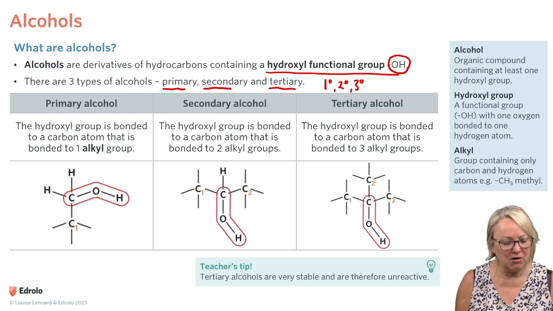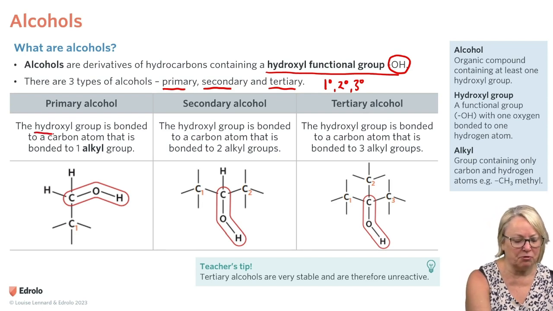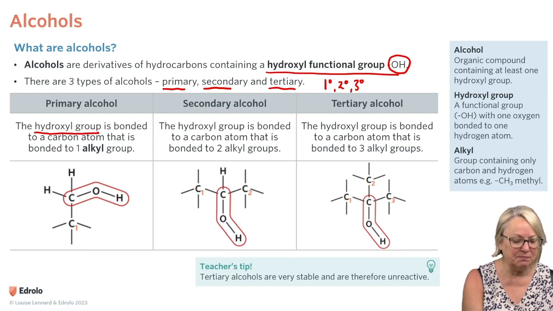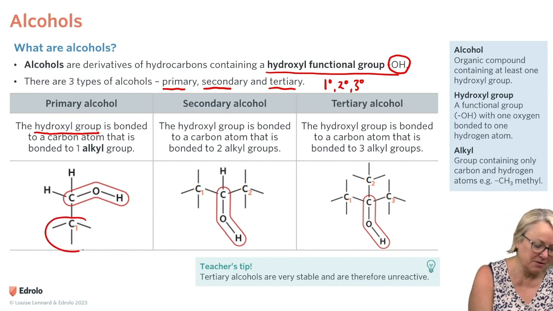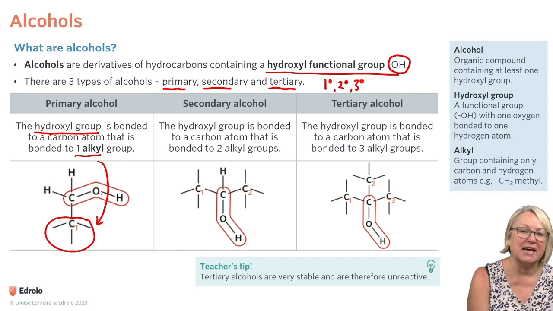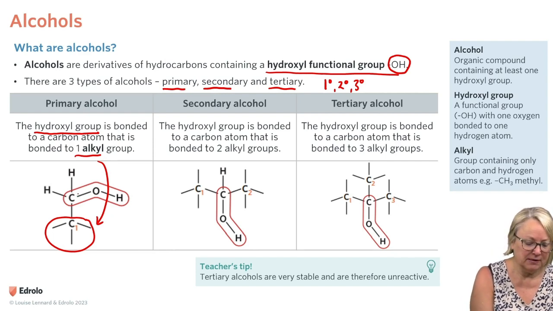A primary alcohol has the hydroxyl group, which is the functional group, bonded to a carbon atom that is bonded to one alkyl group. So this is our alkyl group, and the carbon that contains the hydroxyl group is bonded to one alkyl group. So this is a primary alcohol.